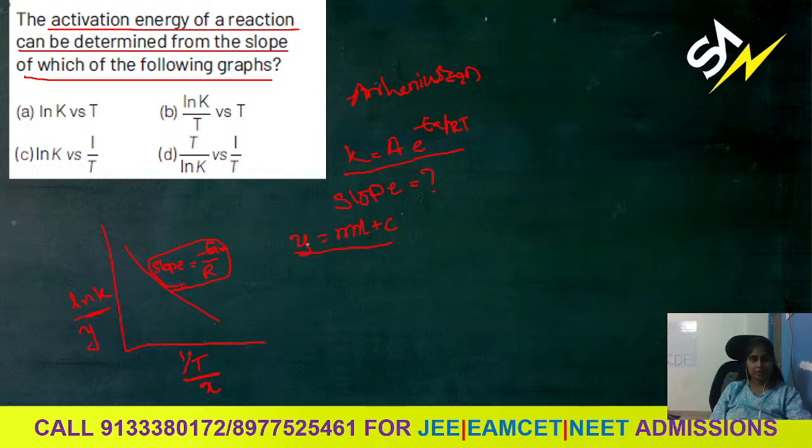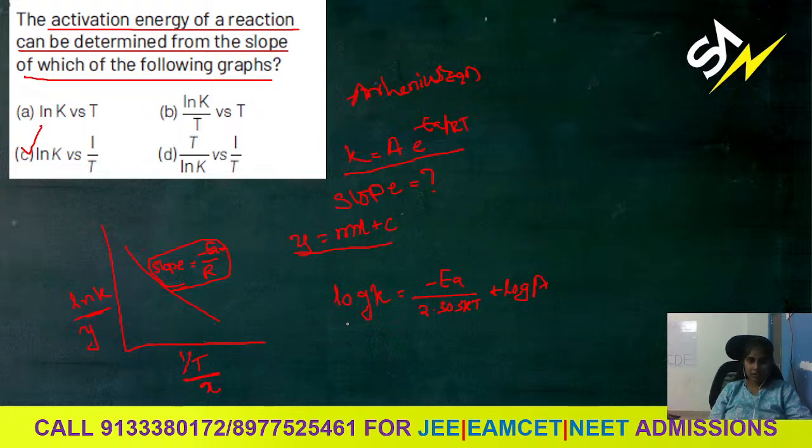To define it correctly, the equation will come here as log k is equal to minus Ea by 2.303 RT plus log A. Compare it to y is equal to mx plus c. So here the activation energy we get from the graph of ln k versus 1 by T.